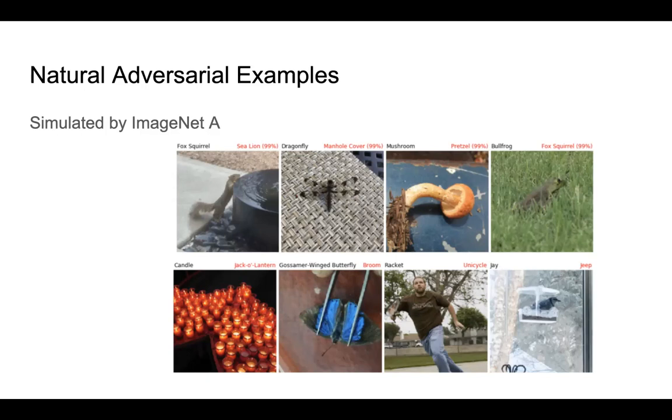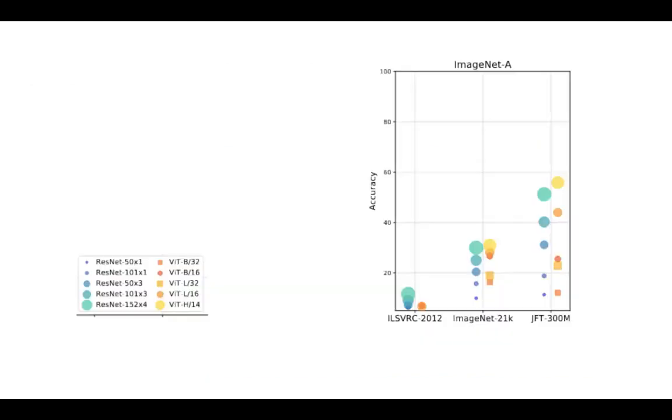So these types of data sets are very difficult to predict. Let's see how these models perform on this. Again, the same story: very low accuracy in the data set having a low number of images, and very high accuracy in the regime where there are a lot of images in the data set.